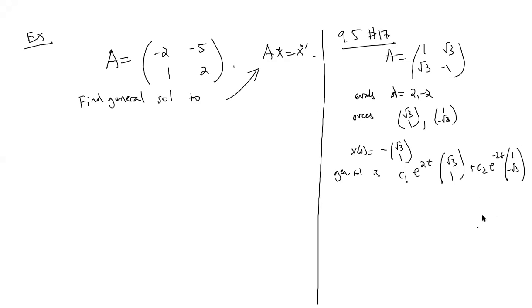Okay, actually, they're asking you to sketch the trajectory, so they don't give you full initial conditions. They don't give you the derivative at 0. But you can solve for that with this equation, Ax equals x prime. So x prime of 0 equals A x of 0.